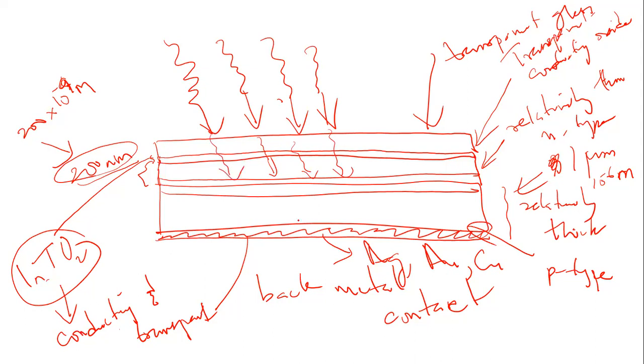But some of the photons may be absorbed by this N-type semiconductor also. When it absorbs, it will result in formation of an electron hole pair. If the energy of the photon is greater than the band gap energy of your n-type semiconductor, it will result in absorption of photons and formation of electron hole pair.